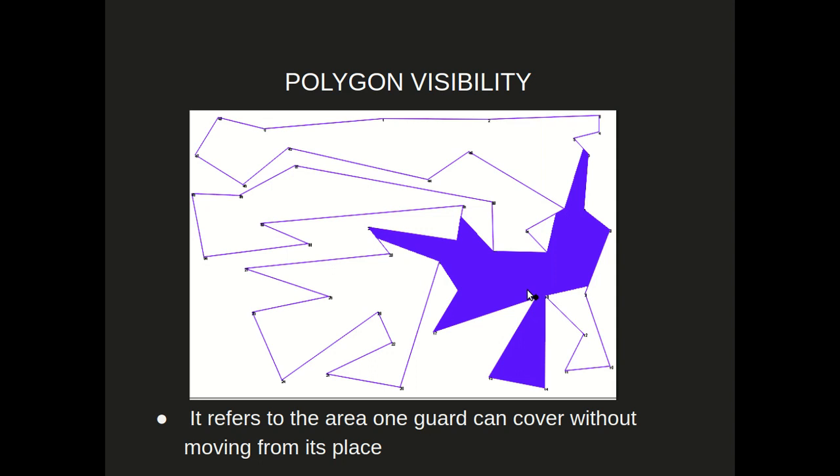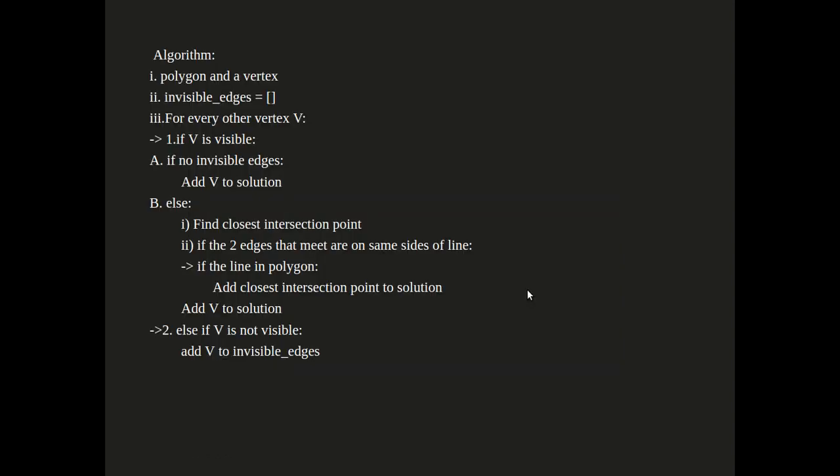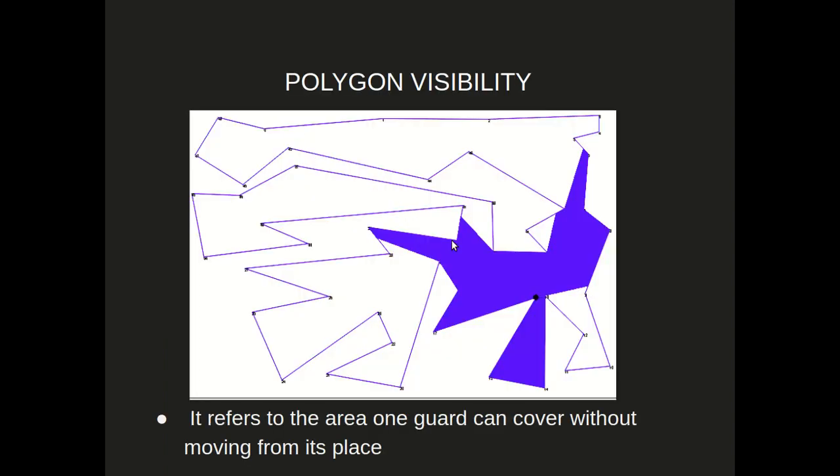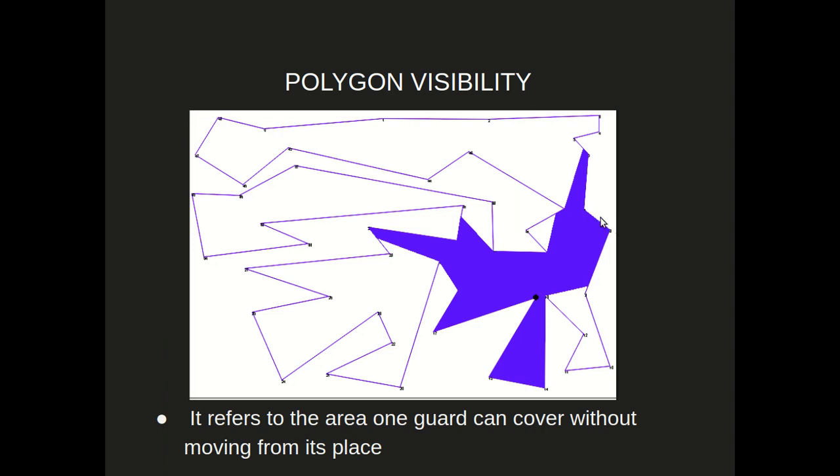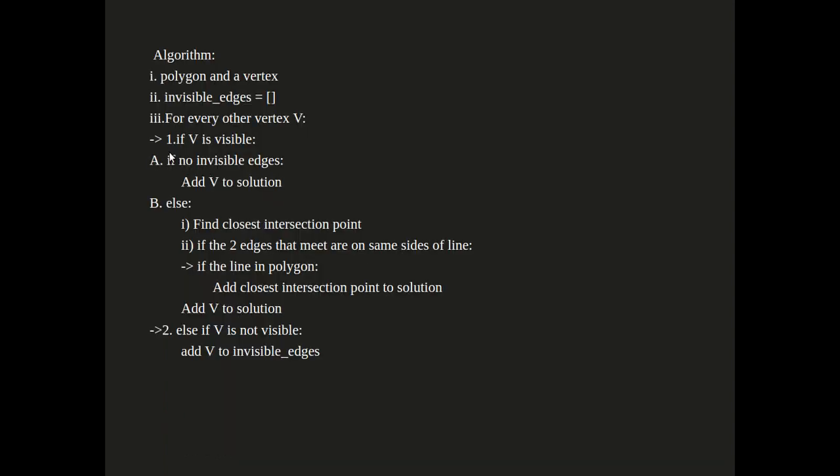So let me go through this algorithm. We'll be given the polygon and the vertices, the source vertex, and we'll have a list of invisible edges, which are the edges that are invisible. For every vertex V apart from the source vertex, if V is visible, then we will go inside this loop.